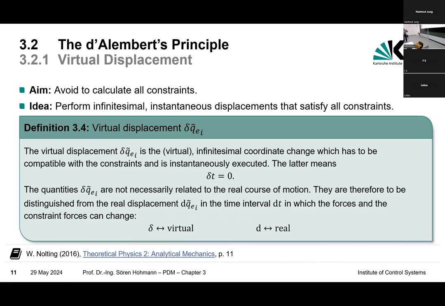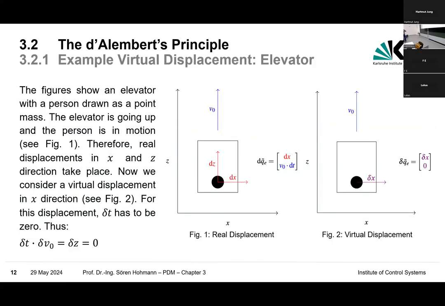Okay, so the virtual and the real, to make it a little bit more explicit, let's say you're staying in an elevator, going up. That's you, and you're moving around in the elevator, and now you want to look at the virtual displacement and the real displacement, so infinitesimal movement.